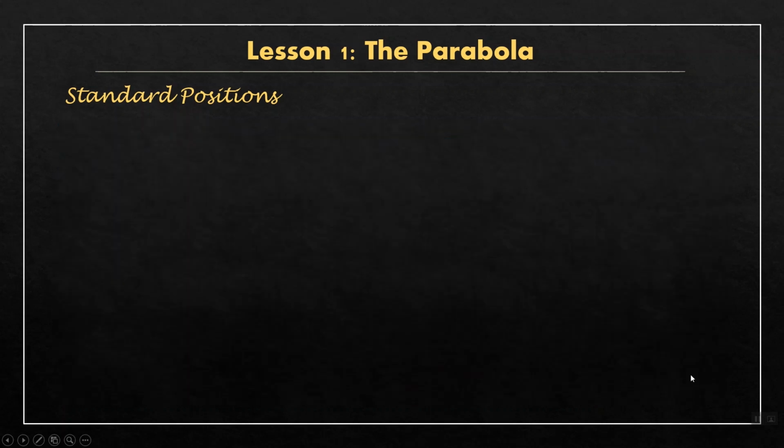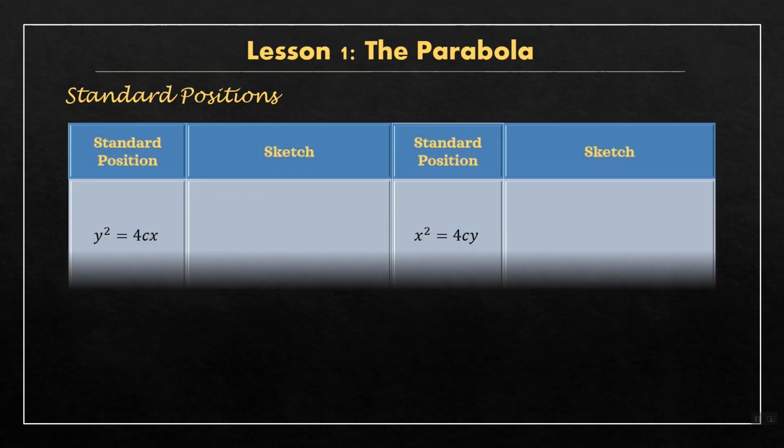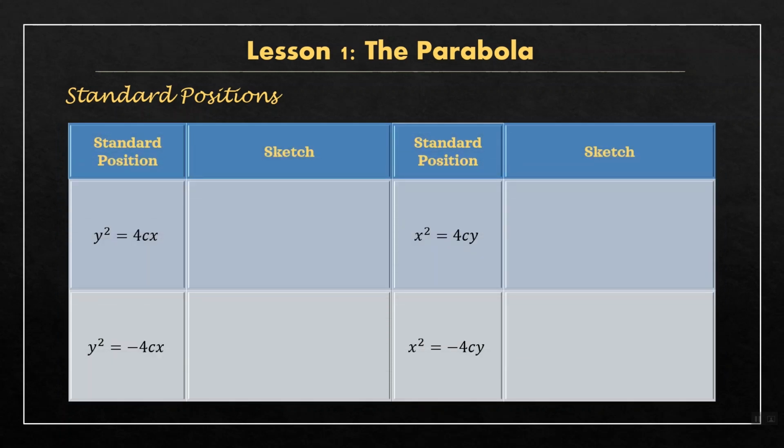Now, if we look at the 4 standard positions, this is the equation of the first. It's a positive x. So notice that the focus is on the positive x-axis, and the parabola must enclose the focus. The second standard position is in the negative x.